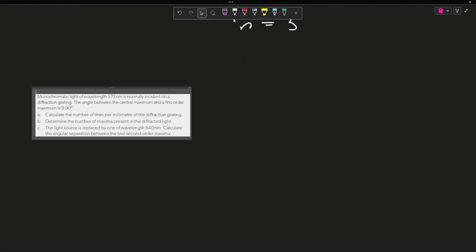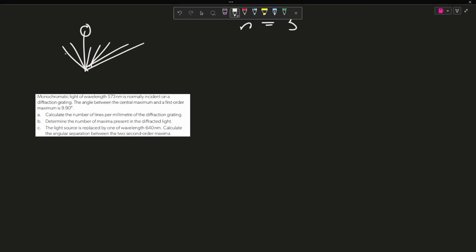But that's not it. If n equals 5 is the maximum that you can see, then there's 5 on one side of the central maximum, and then there's 5 also on the other side. So the number of maxima present is 11.